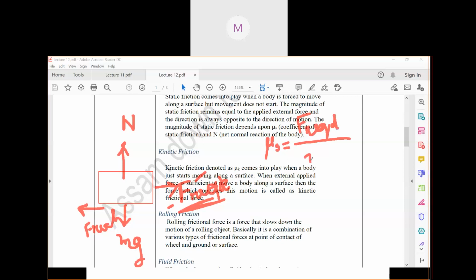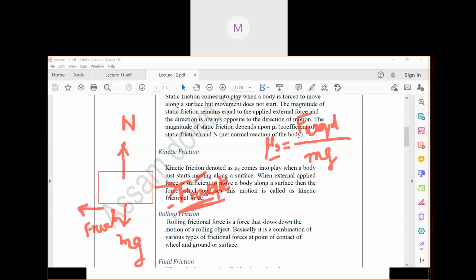So this is the expression for mu s. Clear? Look, if you want something practically, I'm telling you one thing.